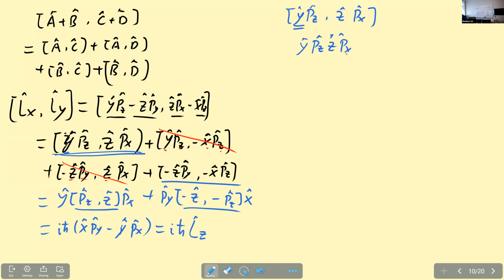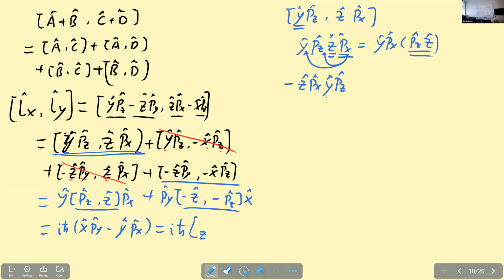Because this one commutes with this one, you can move this one freely, and this one commutes with this one, so you can move it freely. But you cannot change the order of this one, this must be kept the same. And then another thing is minus [z px, y pz].